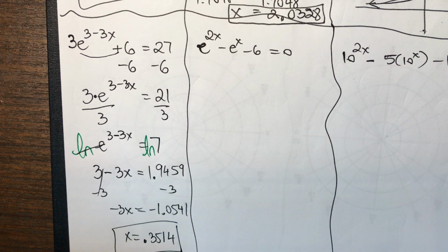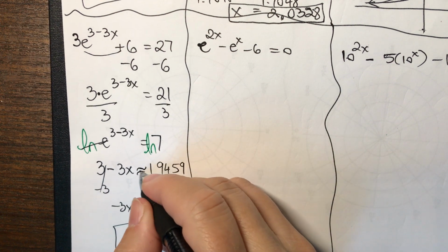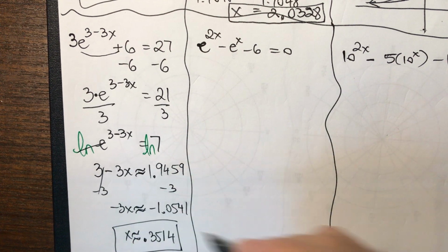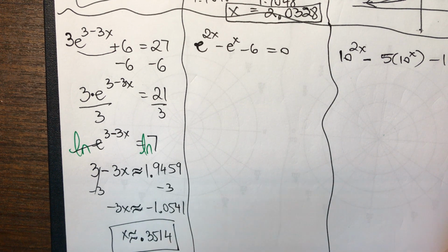Again, 4 decimal places is plenty. And I'm even going to put an approximation, right? As soon as we use that log, we had to cut it short, right? How short? Well, 4 decimal places, that's what we gave it.